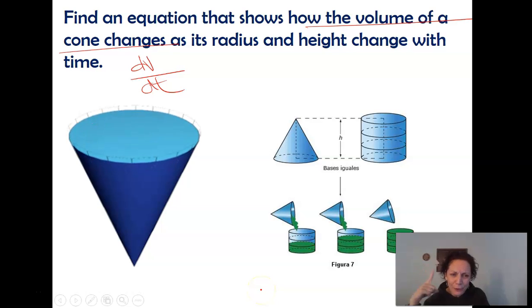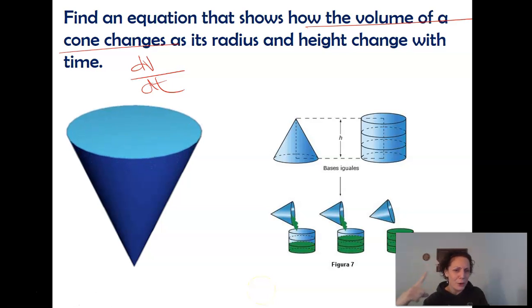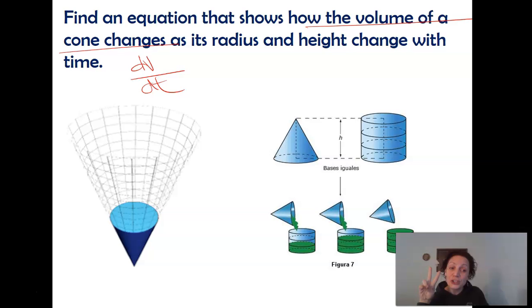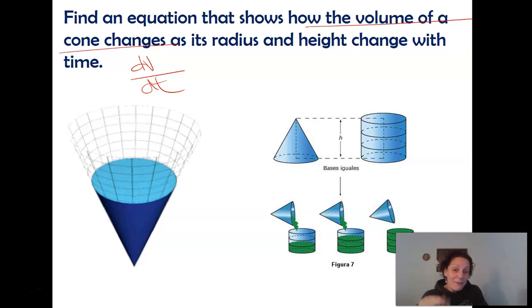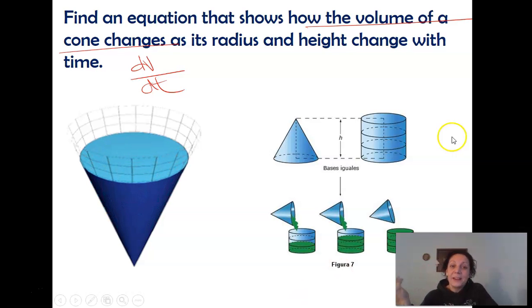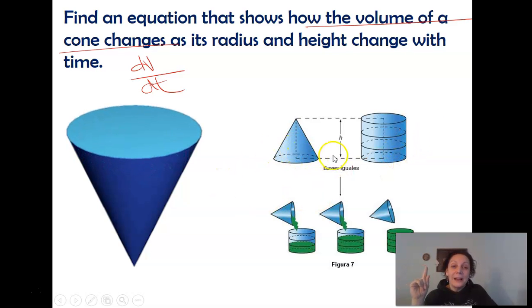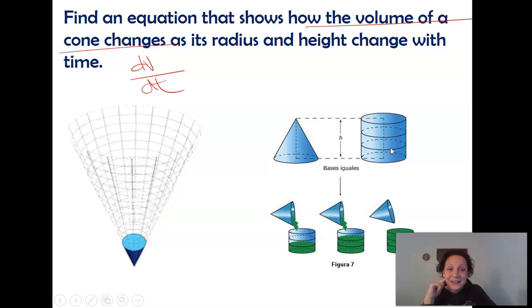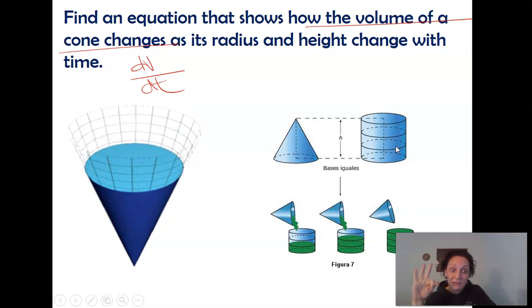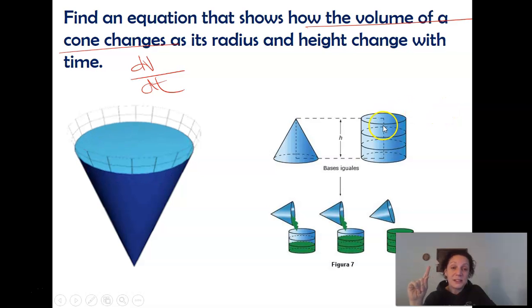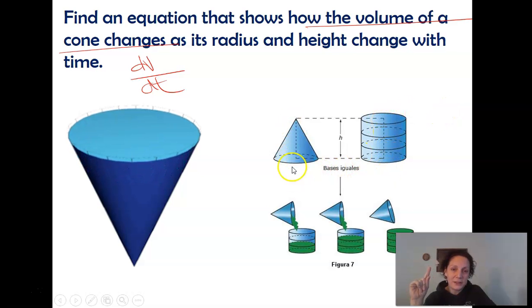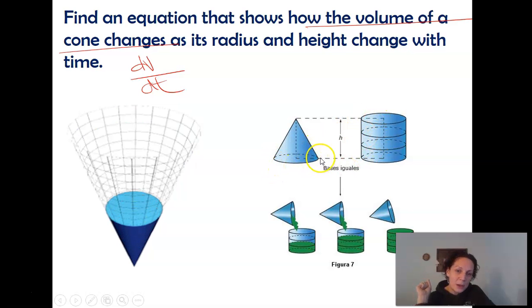Okay, now I put this picture up here because I'm consistently fascinated by two things. One, nobody ever knows the volume of a cone formula. And two, I'm just flat out fascinated by this. So I don't know if you know this, but a cylinder is exactly 3 cones. So in other words, a cylinder that has the same height, notice that this cone and this cylinder have the same height and the same radius.